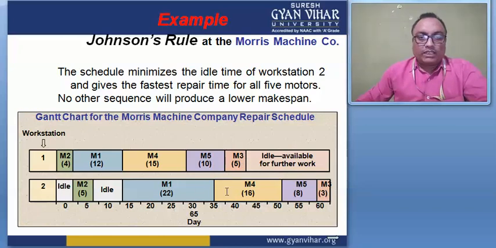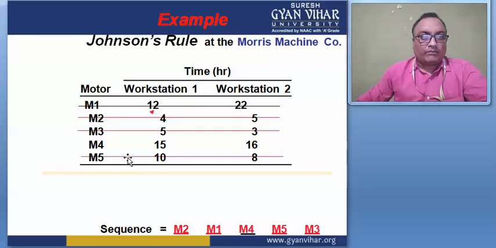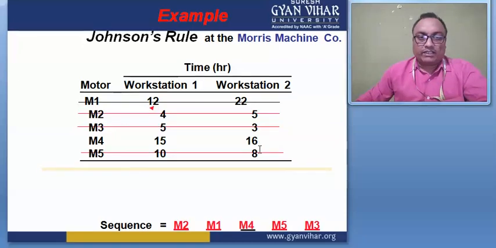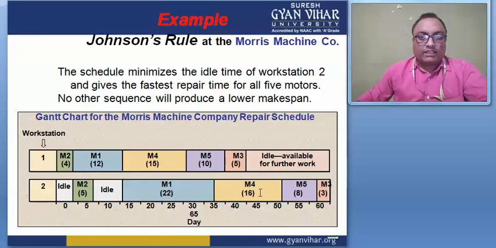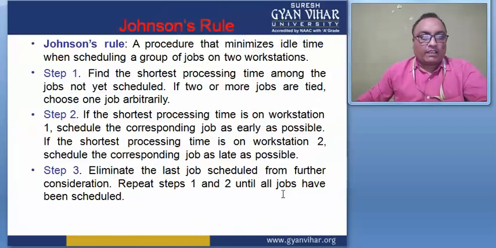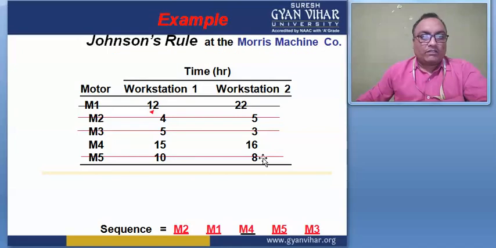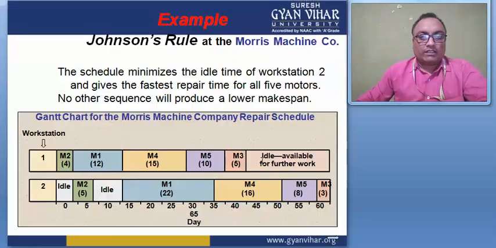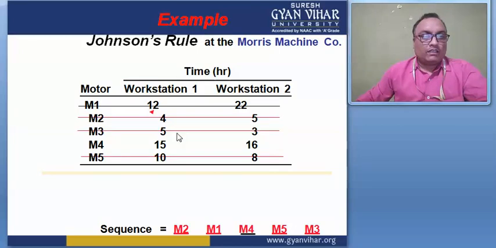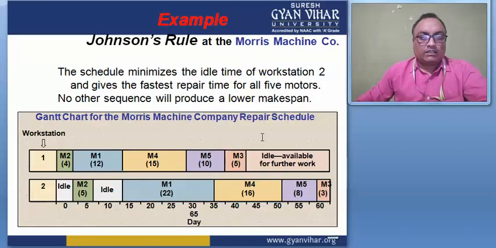Then move to the M4 job, which is 16 hours. If 16 hours are completed, then move to job 5, M5, which is 8 hours, and M3 is 3 hours.